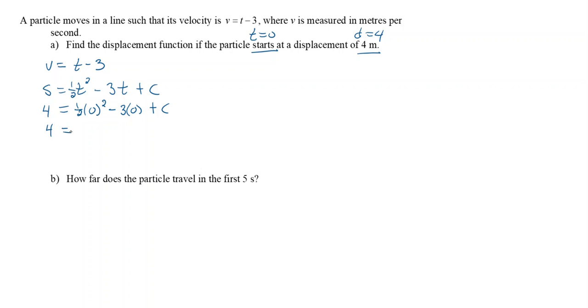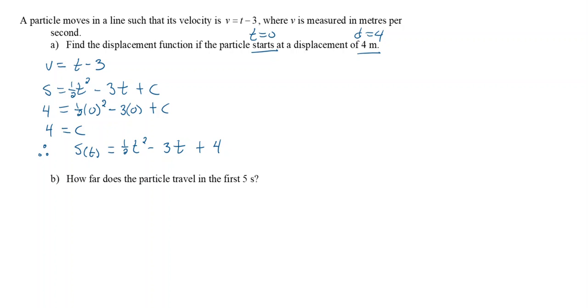So c is equal to 4. Therefore, our displacement function s of t equals 1 half t squared minus 3t plus 4.